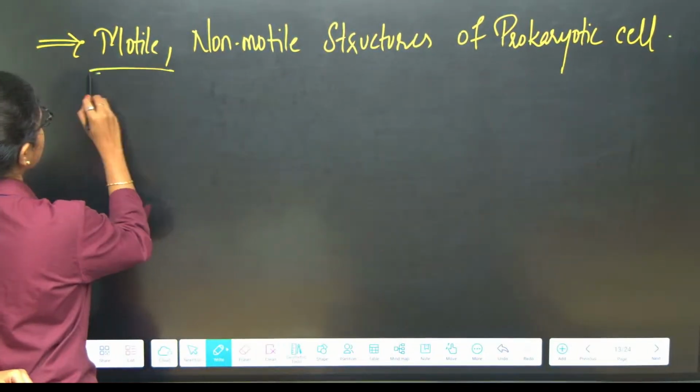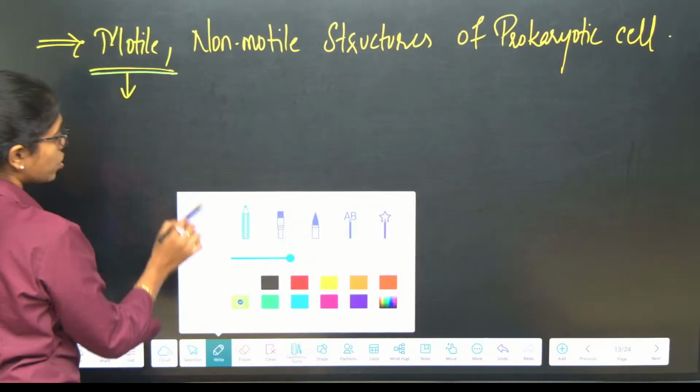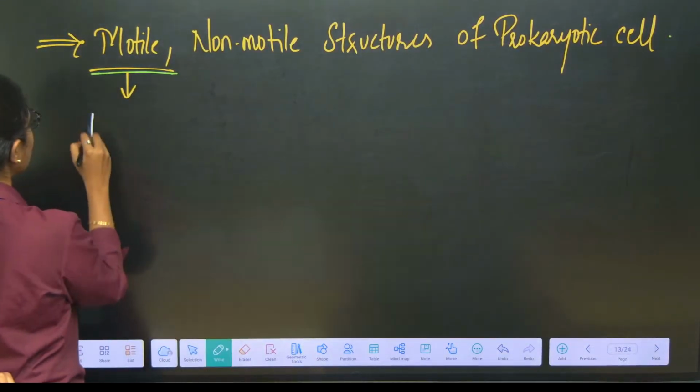First look into the motile structures. The only motile structure that you see in a prokaryotic cell is flagella.